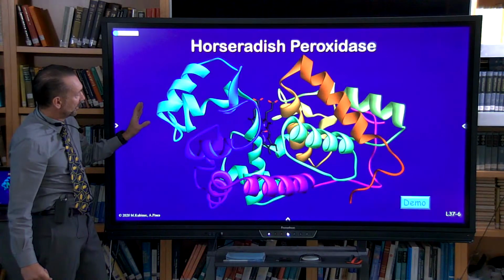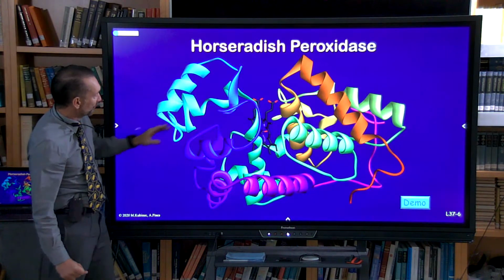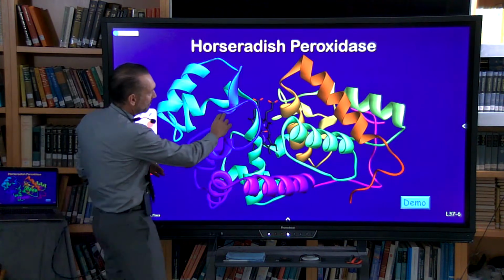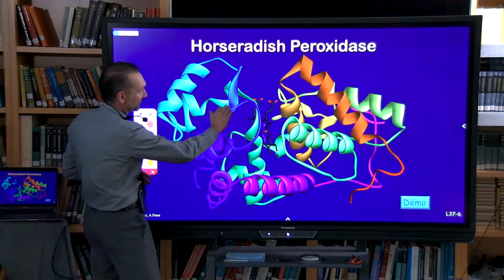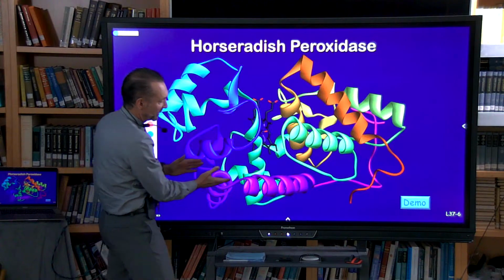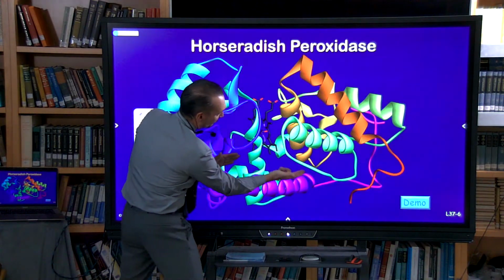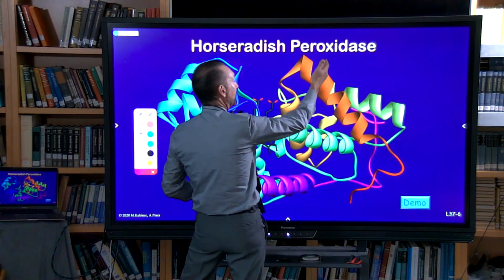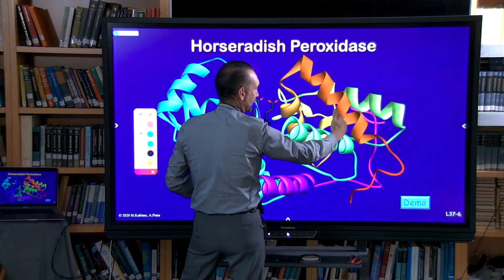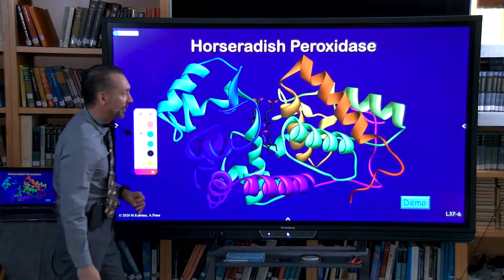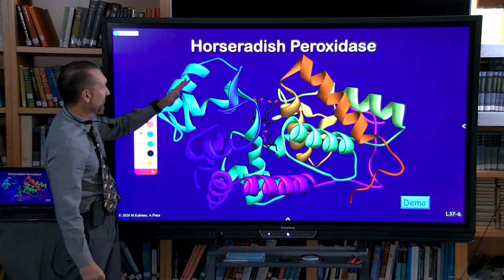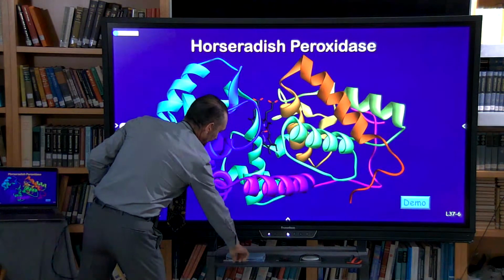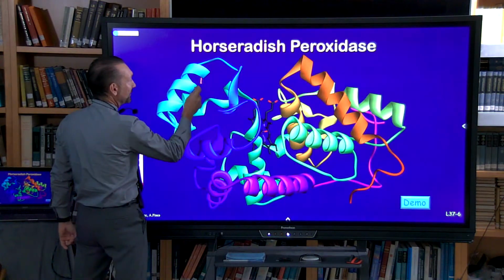The structures, we said, these alpha helices and beta sheets, when it's folding into a sheet, it's called a beta sheet. Here's an alpha helix in purple, and beta sheets over here, and then there's another alpha helix here in orange.